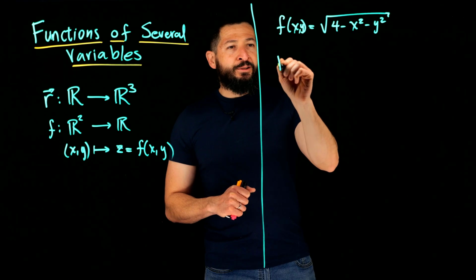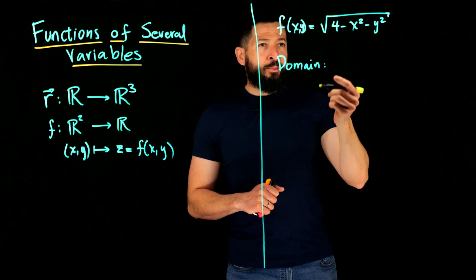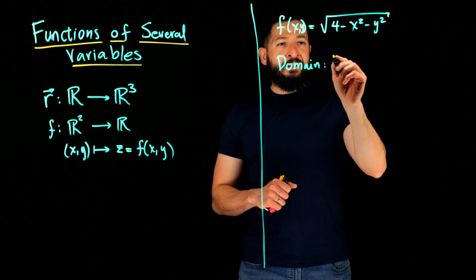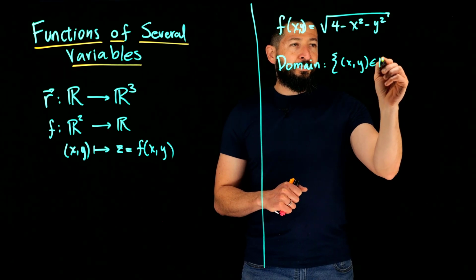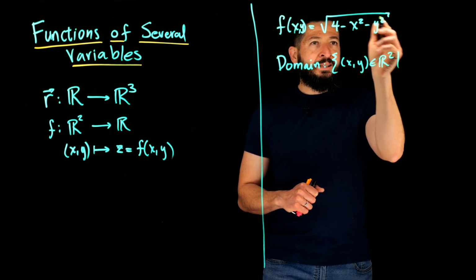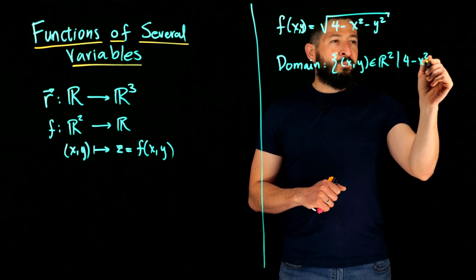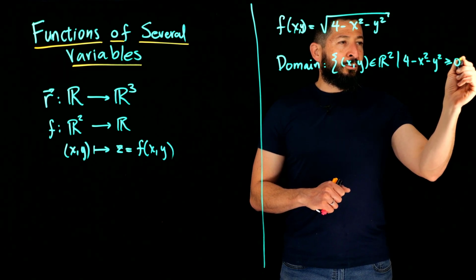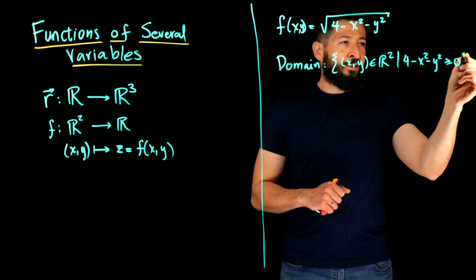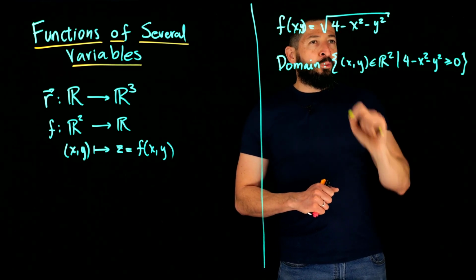So the domain of this function, for it to be real valued, is the set of x, y in R2 such that 4 minus x squared minus y squared is greater or equal than 0, so that this square root is defined.